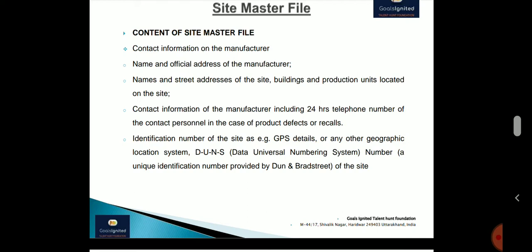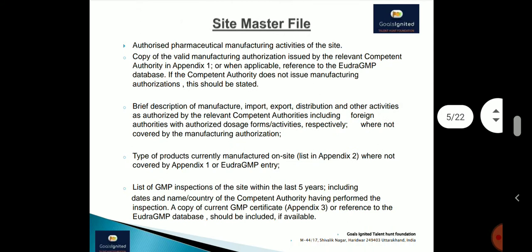It is also required to be mentioned in the site master file, so that a person sitting in some other place can easily put this DUNS number in the system and locate the site.